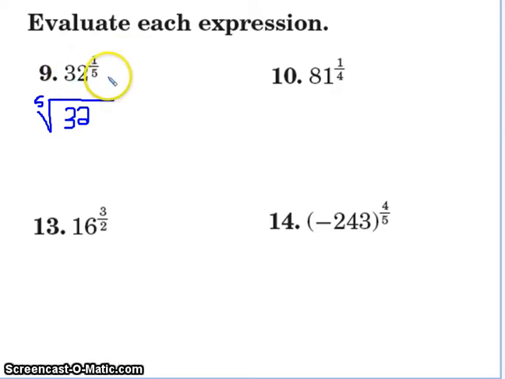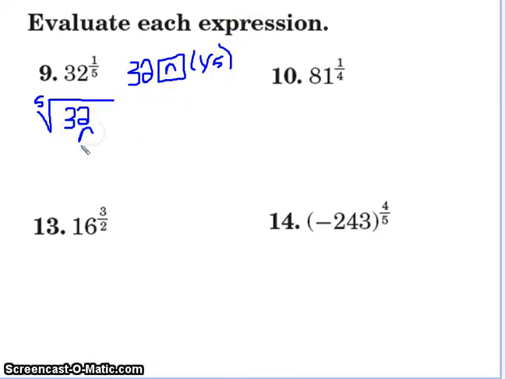If you are going to use the to the key, you must put parentheses around the fraction. If you do not put parentheses around the fraction, what your calculator will do is raise it to the 1st power, because exponents trump division, and then divide the entire thing by 5.